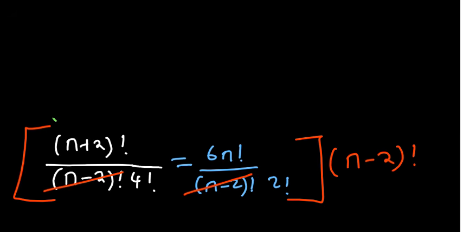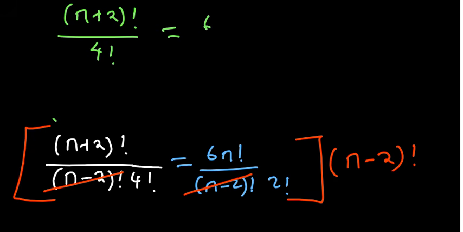What is remaining is n plus 2 factorial over 4 factorial. On the other side you have 6 n factorial over 2 factorial. Yeah, that's the point where we are. Now at this point it looks easier.